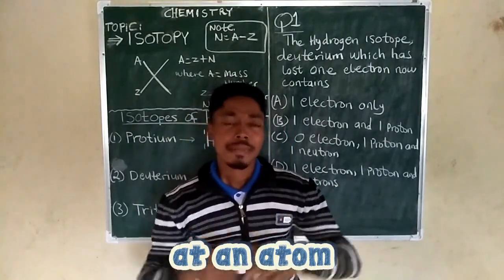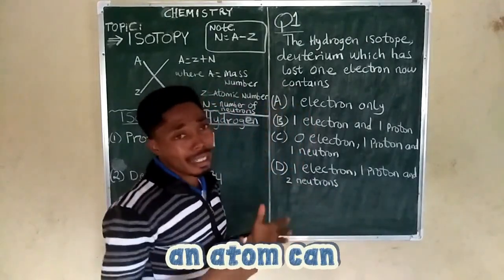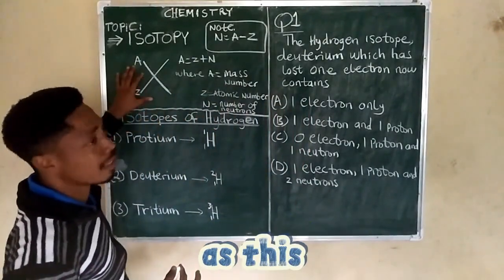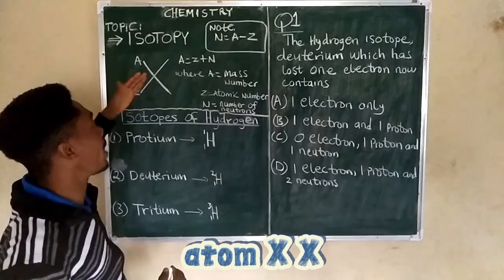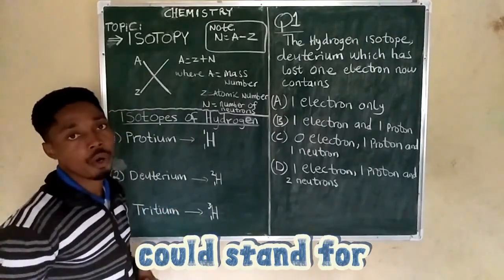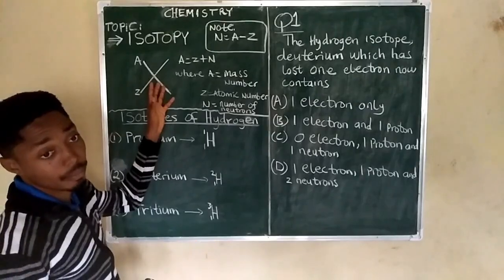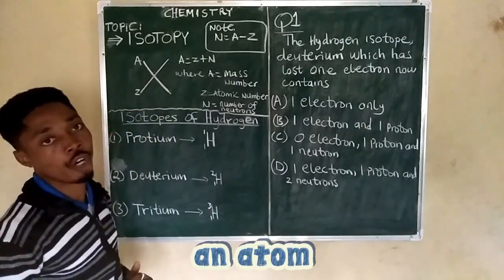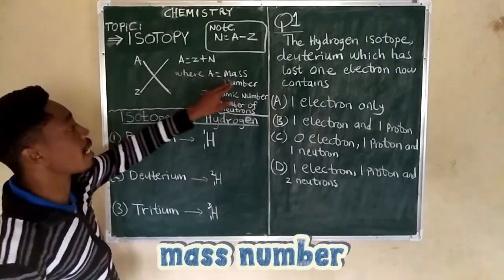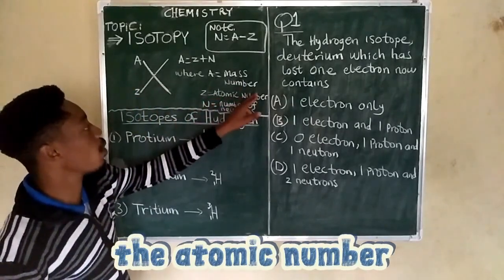If you look at an atom, the structure of an atom can be symbolically represented as this. So for an atom, X could stand for a sodium atom, a chlorine atom, or an atom of any element. For such an atom, A represents the mass number, while Z represents the atomic number.